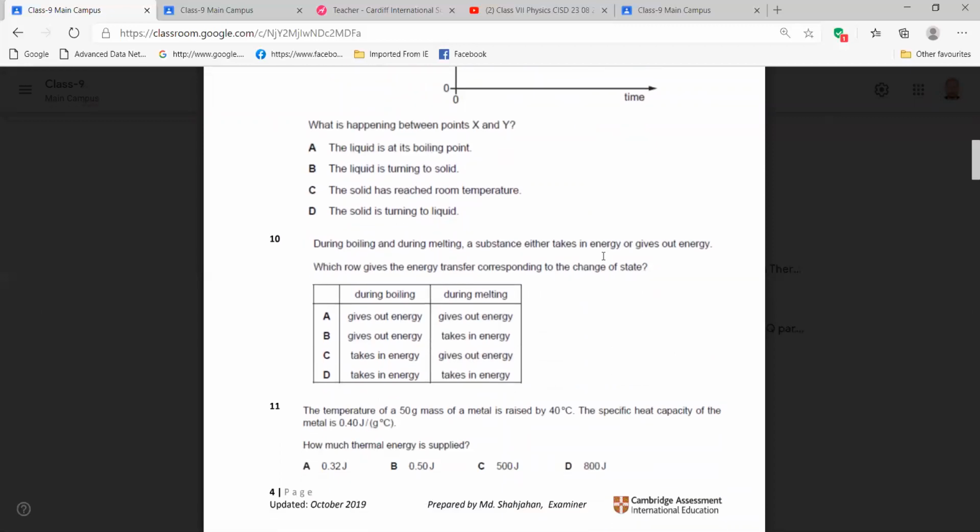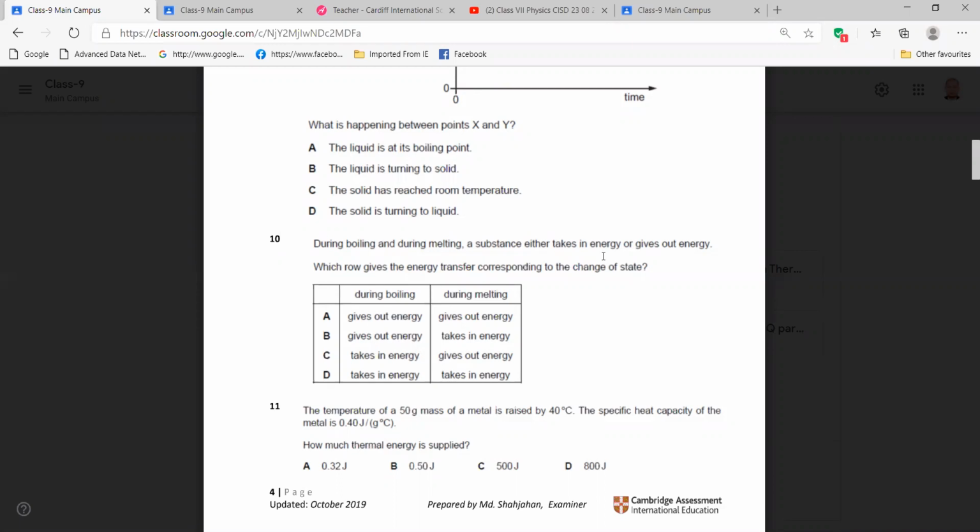Now, Adnan, continue with 10, please. During boiling and during melting, a substance either takes in energy or gives out energy.